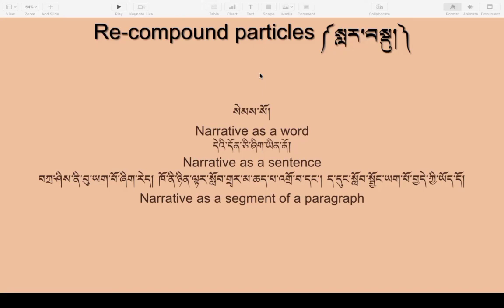But it sounds very unnatural to many people, because everyone is used to the more spoken language. We don't hear people using this recompound particle very often. It's mostly only written and not spoken, but it can be used while speaking also.